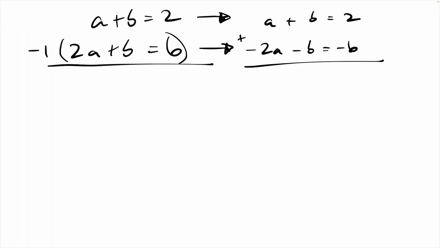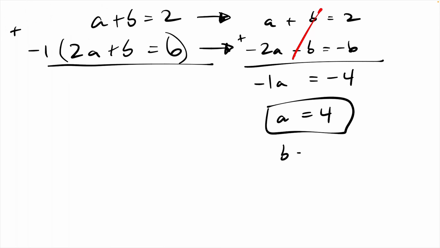Now when I add straight down, the b's go away, right? How many a's would I have? 1a. Then 2 plus -6 is -4, so what would a be? 4. We got half the answer now. What is b going to be?